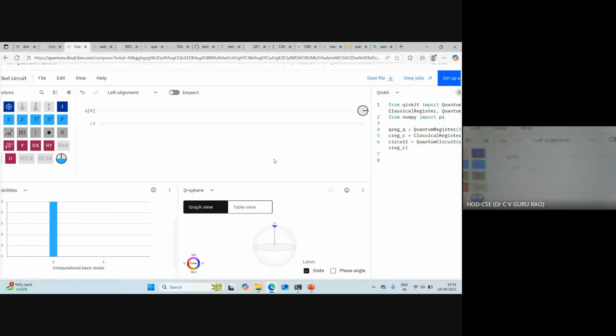Hit 100%. Sir, those 2 arrows are there. Yes, that is for exit.